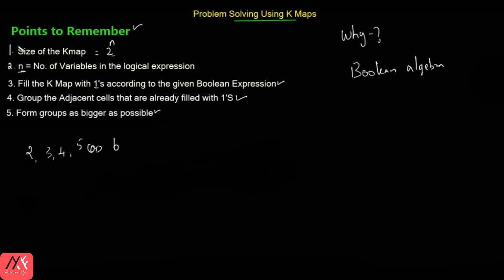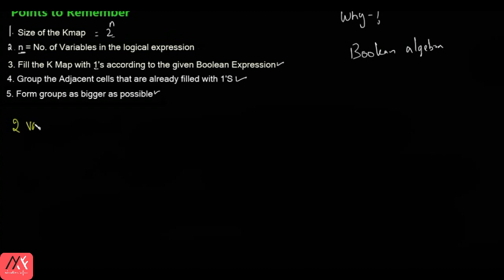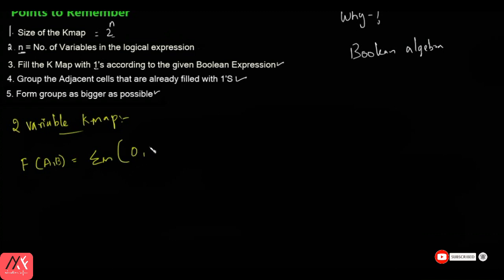So we'll see a problem. We'll go with the two variable K-map simplification. We are given the problem f of a comma b equal to summation of minterms 0 comma 2.